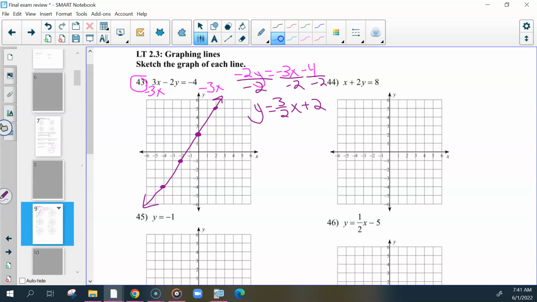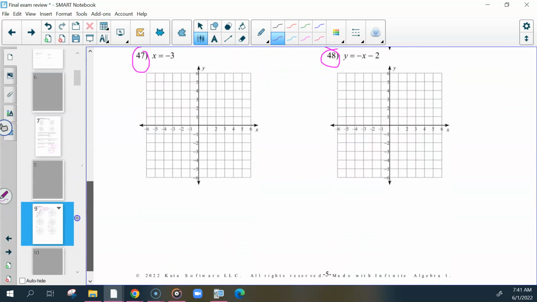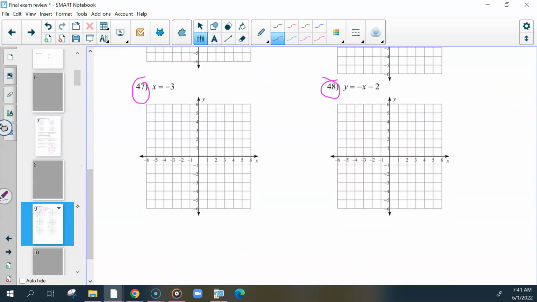We're just going to do a couple more of the graphing ones. Skipping down to 47. Remember that anytime you see something that's x equals a number or y equals a number, you should be writing it somewhere near it so that you remember what those stand for and how to graph this.